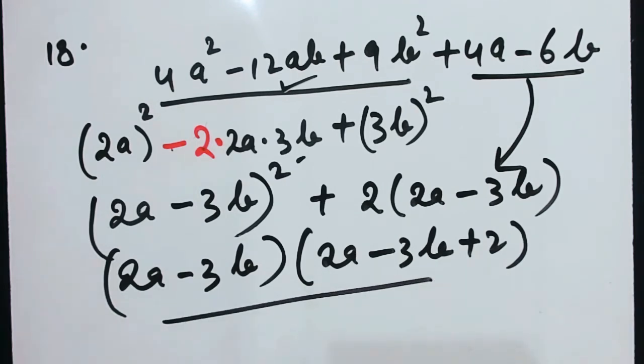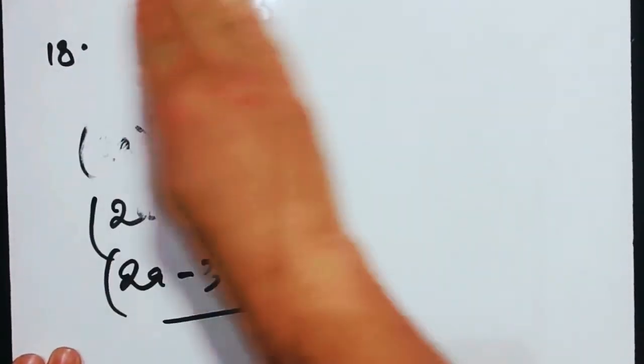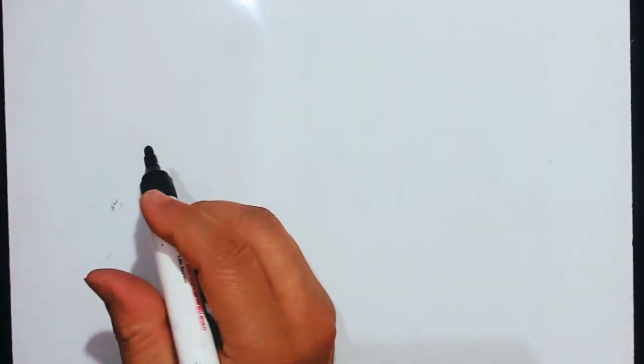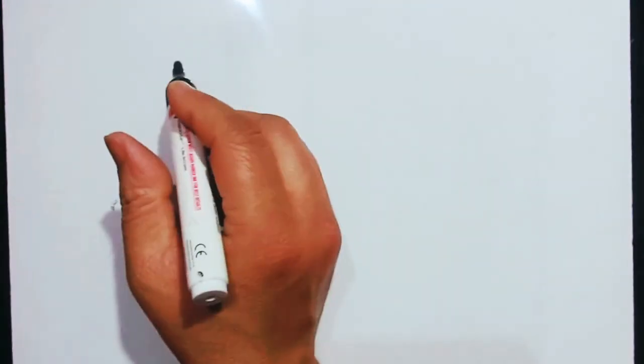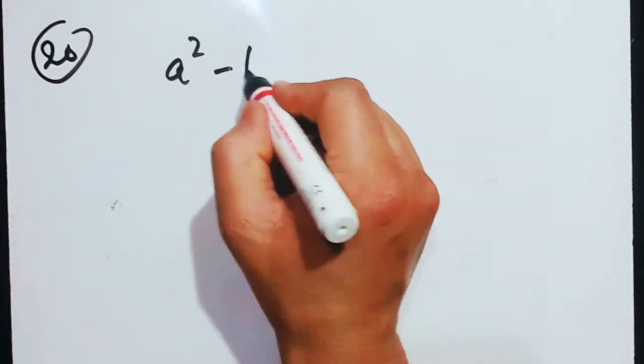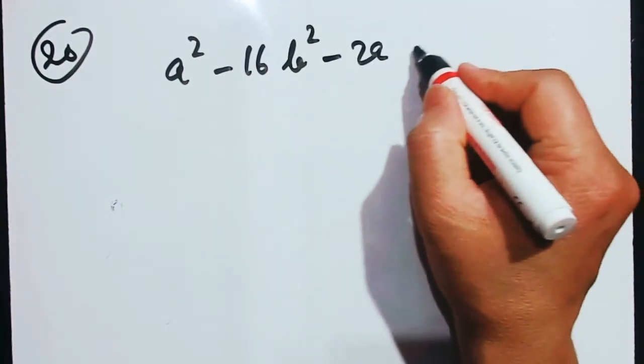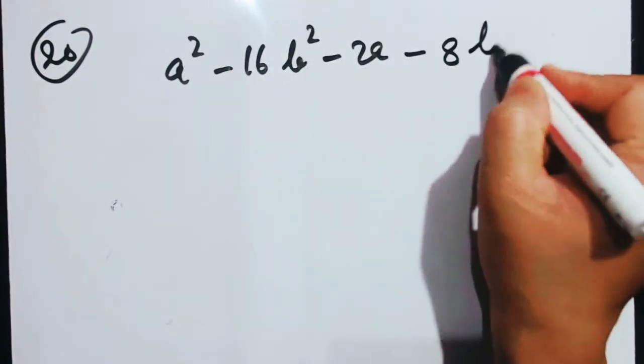Why not do one, that is the last one, so that we feel happy about completing this particular exercise. Okay, 20. So 20 says the same thing, a square minus 16b square minus 2a minus 8b.